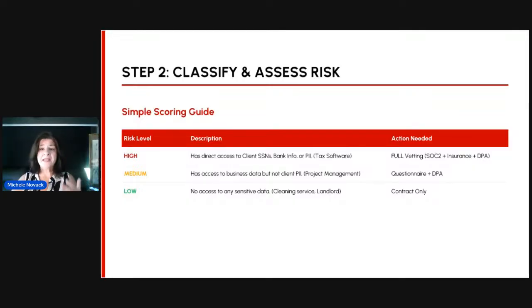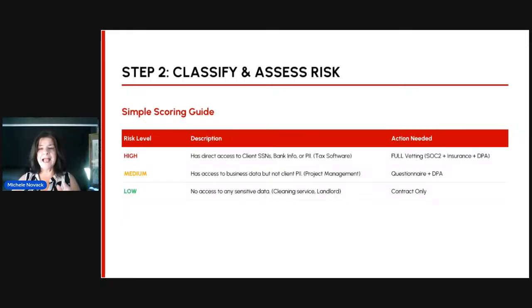Examples might be tax preparation software, cloud portals, cloud storage providers, e-signature platforms, document signers, outsourced bookkeeping subcontractors. Anything that touches NPI or PII requires a full questionnaire plus your SOC 2 Type 2 report, your DPA, and a COI. There are four things that they're required to have.